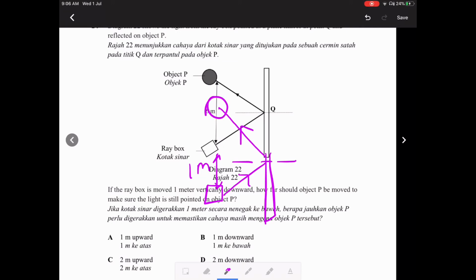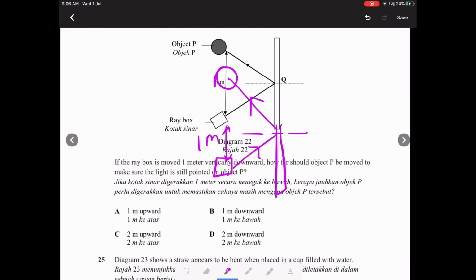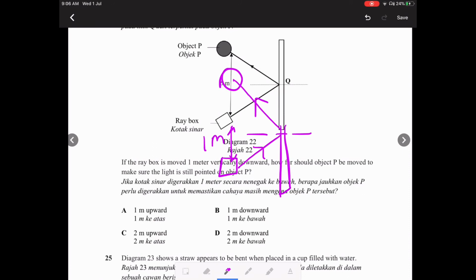Okey, dia nak tahu how far should object P move to make sure the light is still pointed at object P. So bila dia bergerak ke bawah 1 meter, kalau ini ialah 6 meter, kalau sini 1 meter, okey, maknanya dia kena bergerak 1 meter ke bawah lah. 1 meter downward.